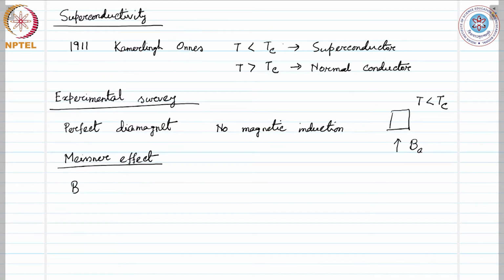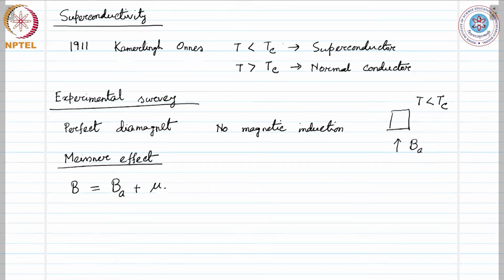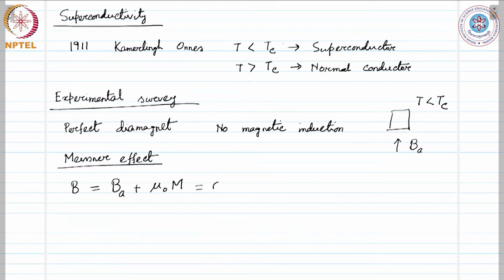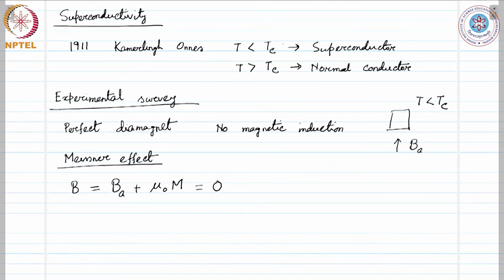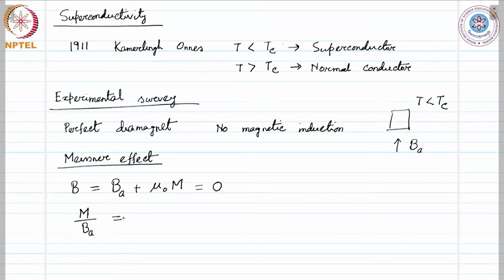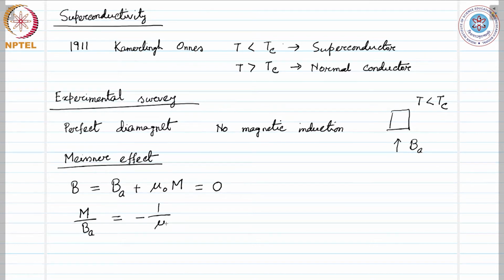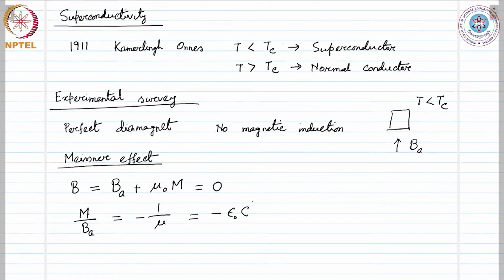So, the magnetic field can be written as Ba plus mu naught m in the material, and as we described the Meissner effect, this magnetic field has to be 0 inside the material. That means m over Ba, the applied magnetic field, equals minus 1 over mu naught, and that has to be equal to minus epsilon naught c squared.